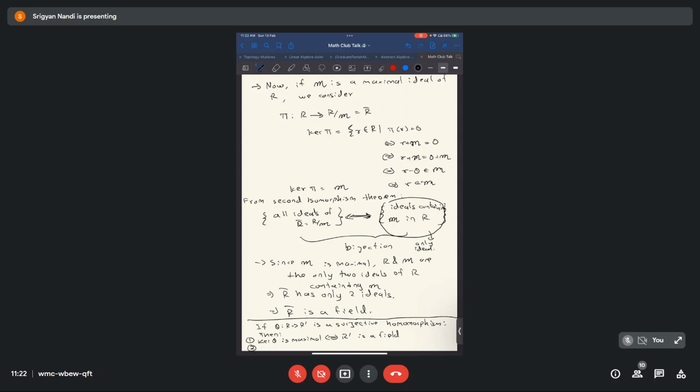And two, an ideal I of R being maximal, both ways, implies that R by I is a field. So these are two very powerful theorems that we get, which will be used to prove a lot of further results that use maximal ideals.